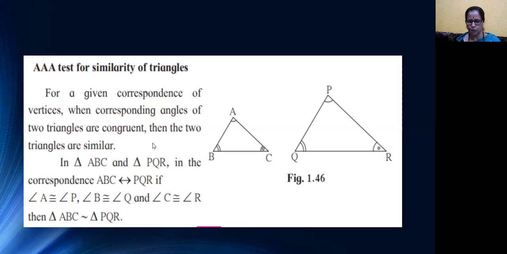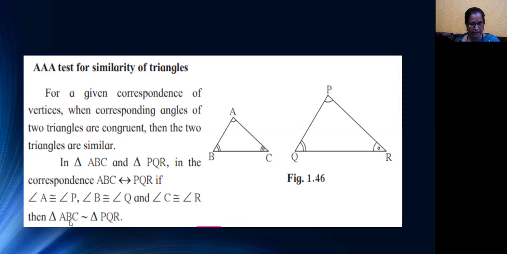Here three angles are shown to be congruent. Angle A is congruent with P, angle B is congruent with Q, and angle C is congruent with R. So the correspondence ABC to PQR holds, with angle A congruent to angle P, angle B to angle Q, and angle C to angle R. Here three angles are congruent and the corresponding sides are in proportion, so these two triangles are similar.